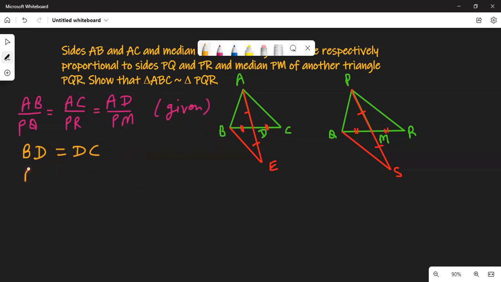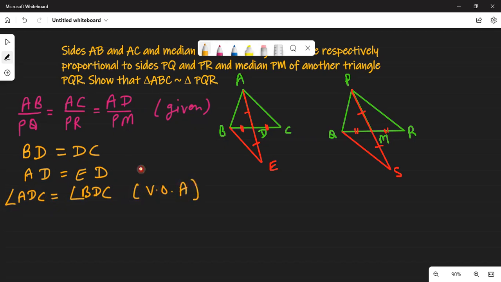And by construction, we have taken AD equal to ED. And the third, angle ADC is the same as angle EDB, vertically opposite angles. This was given, and this comes from construction.